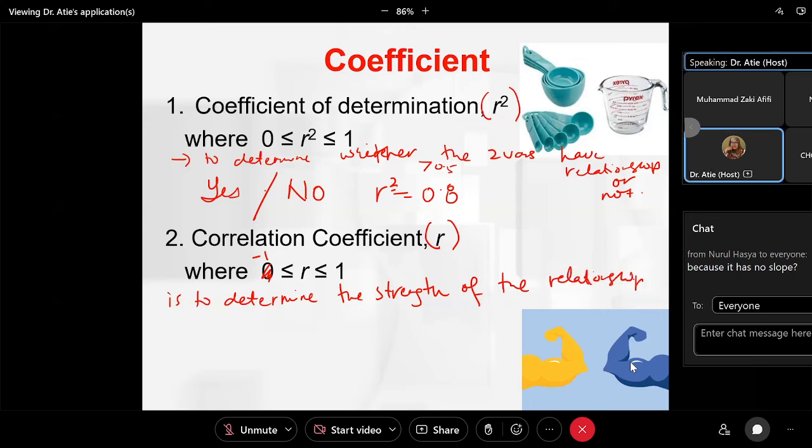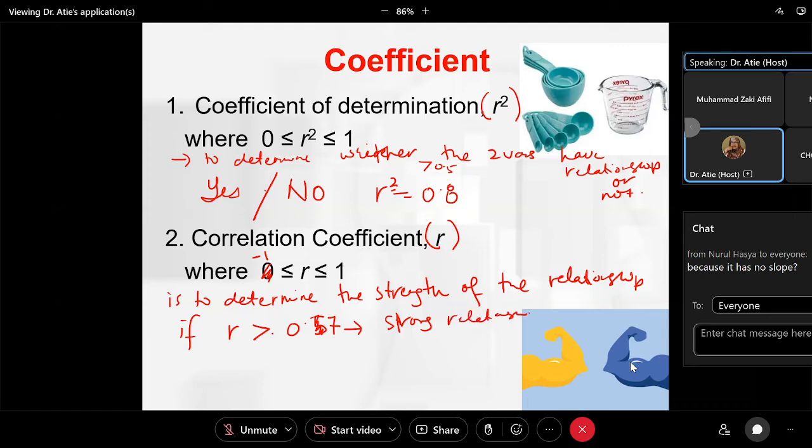So let's say if R is greater than 0.7, we can conclude they have a strong relationship.